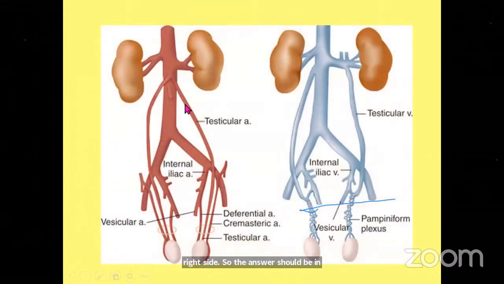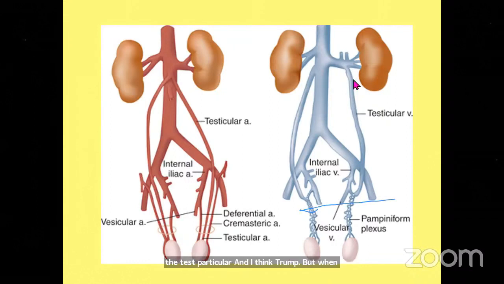So you can see the gonadal arteries, the testicular arteries, are arising from which artery? Gonadal arteries are direct branches coming from. Can someone answer? From the figure itself, you can see the testicular arteries arising from the abdominal aorta. Very good.